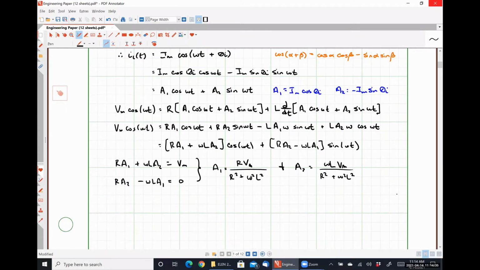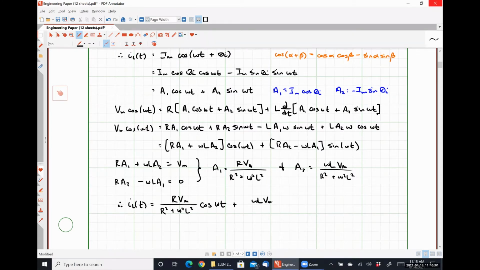And from this, we could say that IL of t is then R Vm over R squared plus omega squared L squared cosine omega t plus omega L Vm divided by R squared plus omega squared L squared sine omega t.